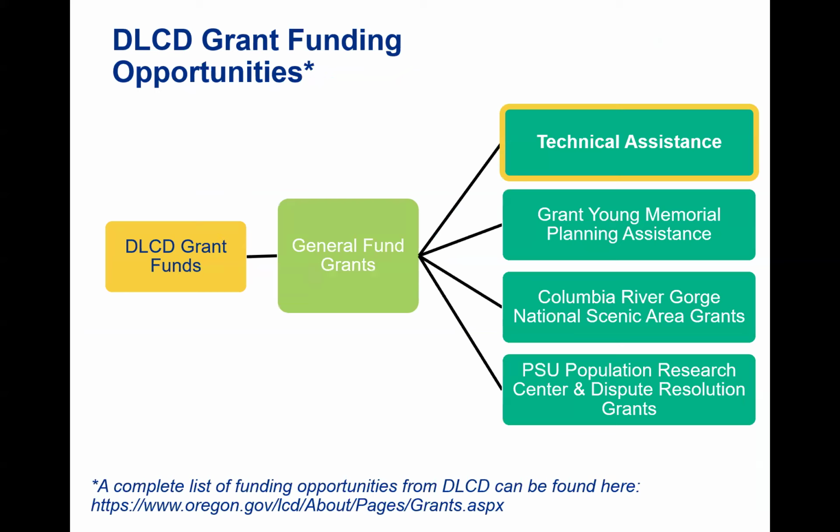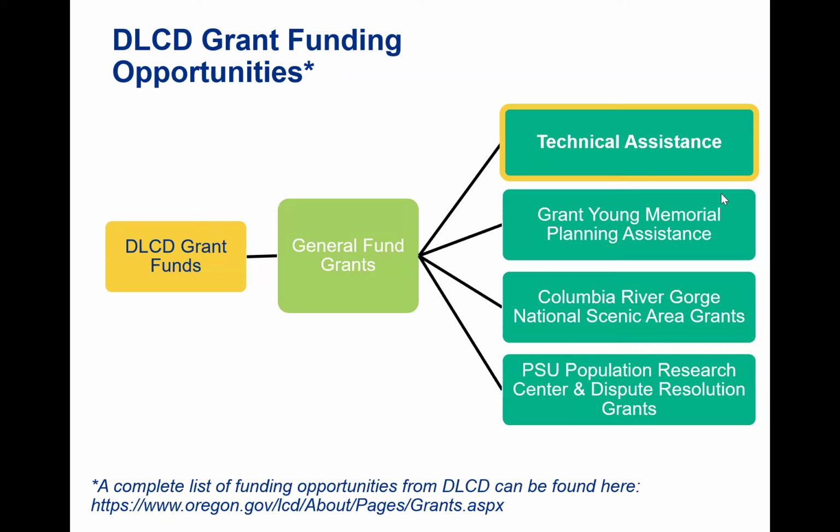This grant funding opportunity is one of several from DLCD, the Department of Land Conservation and Development, and it's the one we're going to be talking about today. There are other funding opportunities that can be found on our website, and you can see below the web address for that page. These particular grant opportunities are what are called from the general fund.